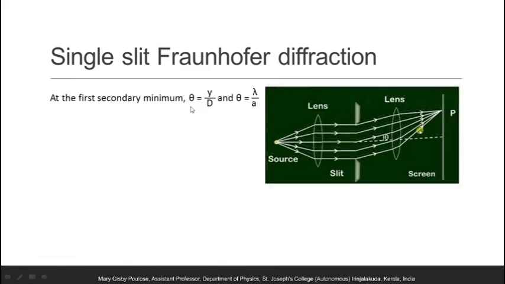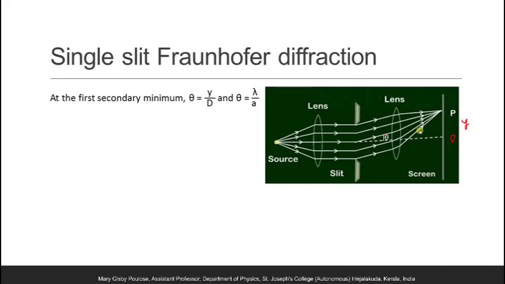Now, at the first secondary minimum, we have these two conditions, that is, theta is equal to y by D and theta is equal to lambda by a. The first equation, theta is equal to y by D, is obtained as follows. Let the central position be at point O here, and the distance from O to P is y.